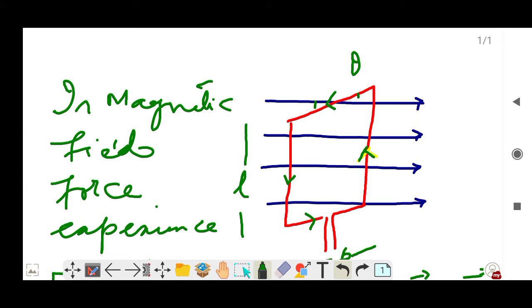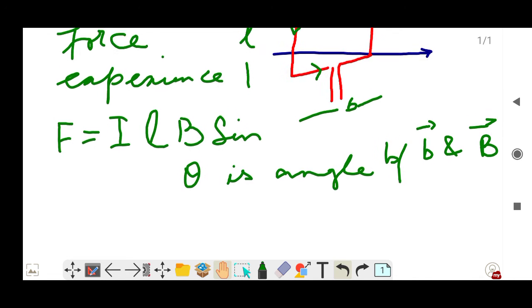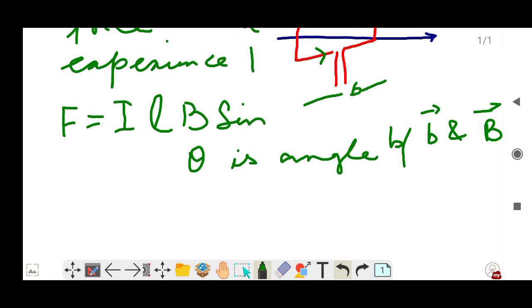Now, I know that this is the expression for force. For a conductor, if you're taking length, then you'll write length, and if you're taking breadth, then instead of L you'll write breadth.